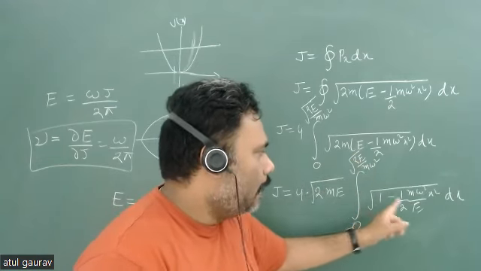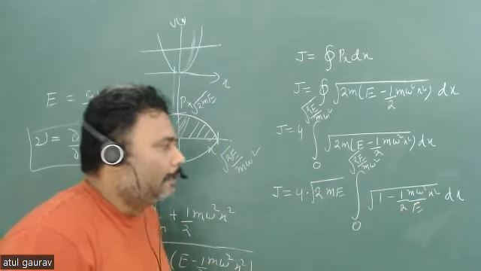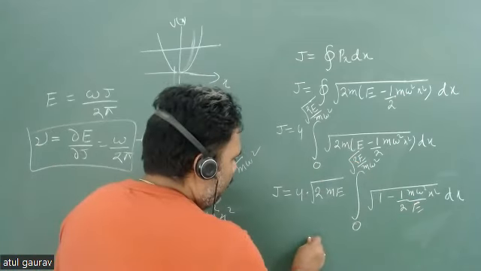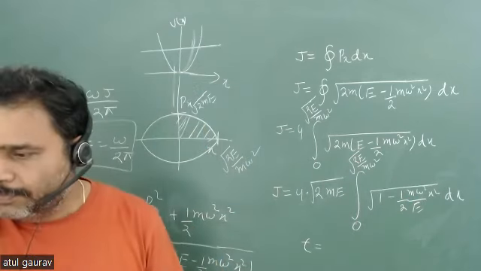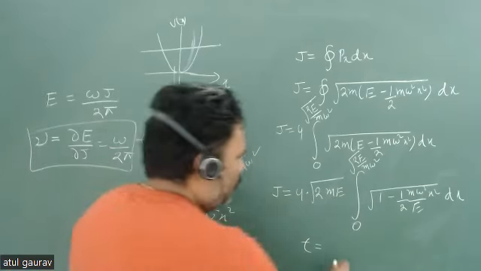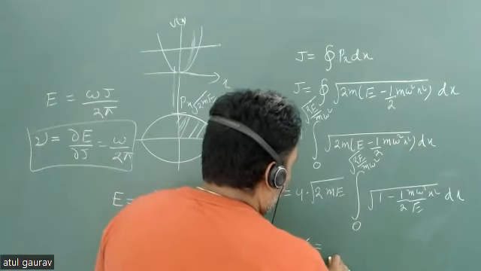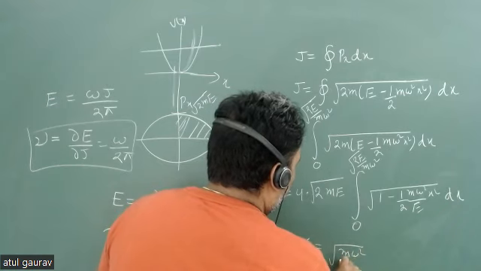Okay, so now very carefully we have to substitute a new variable, and the new variable I am taking is t. What is this t? This t is nothing but root under m omega square upon 2E into x.